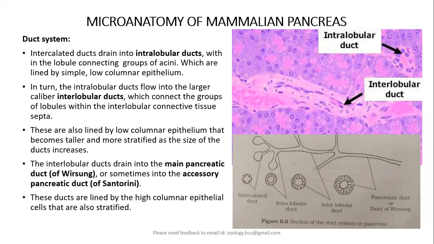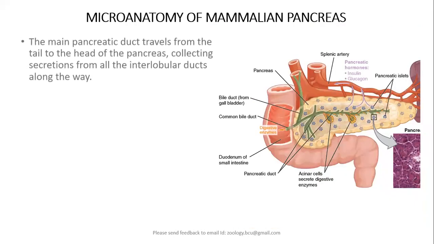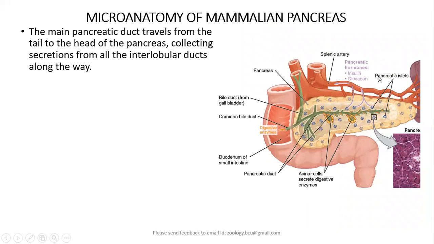All these ducts are lined by high columnar epithelial cells that are also stratified wherever these ducts are quite thick. The main pancreatic duct, as you see here, travels from the tail towards the head of the pancreas, collecting the secretions from all the interlobular ducts all along its way.